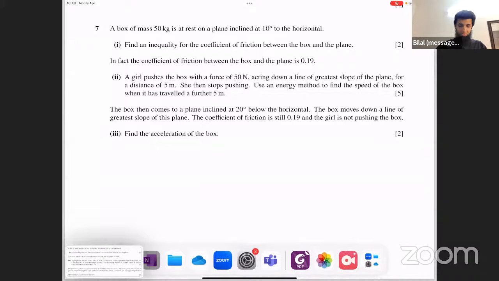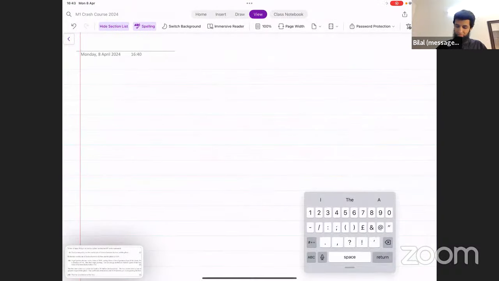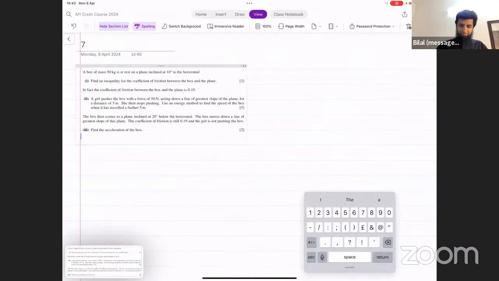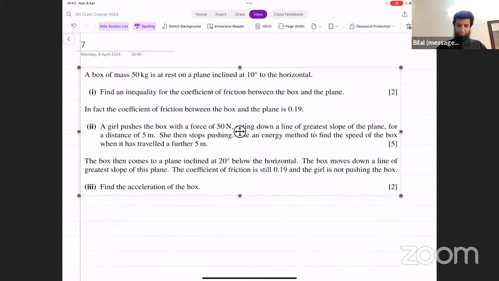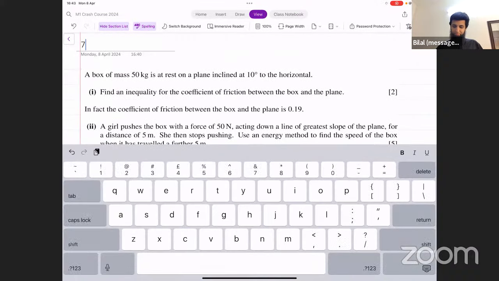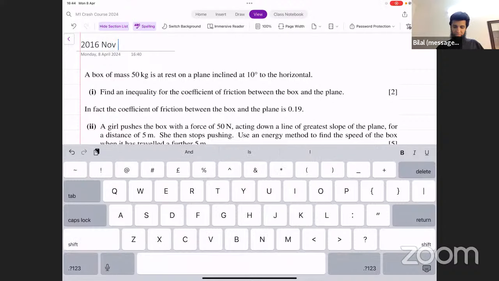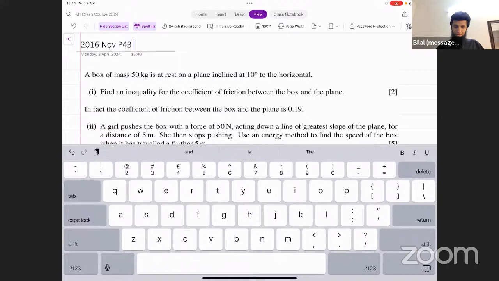This is from 2016, November, paper 4-3, question 7.